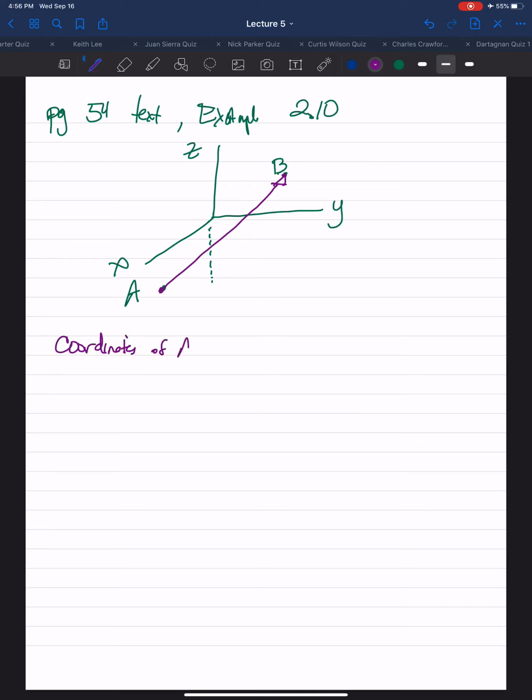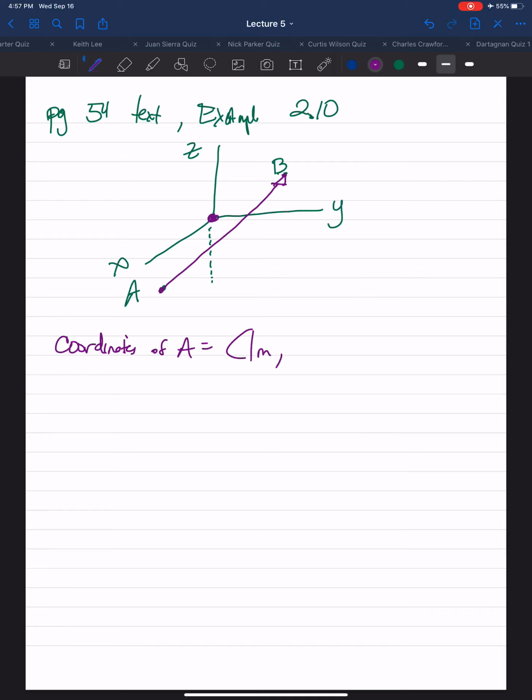coordinates of A, if we look on the diagram image A, from the origin to get to point A, in the positive x direction, they're showing you 1 meter. It says 1.